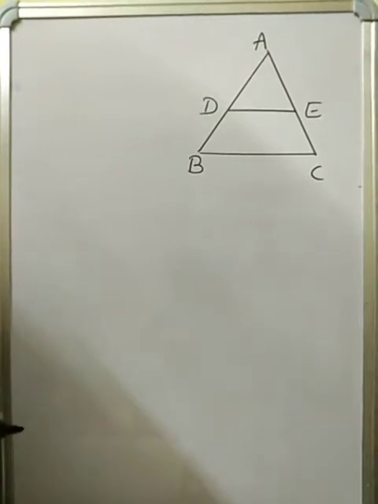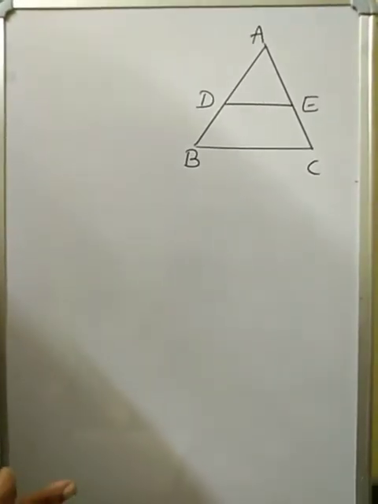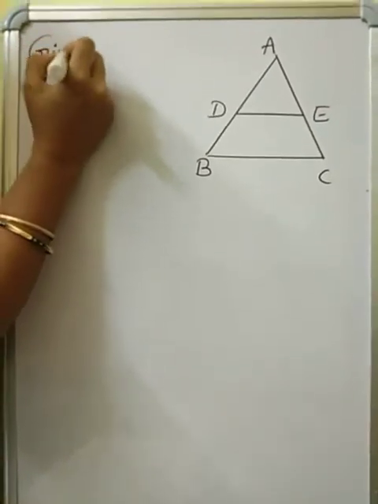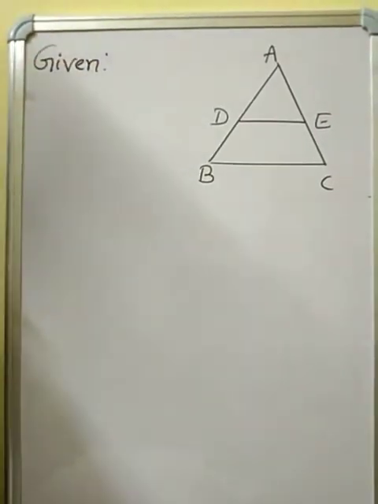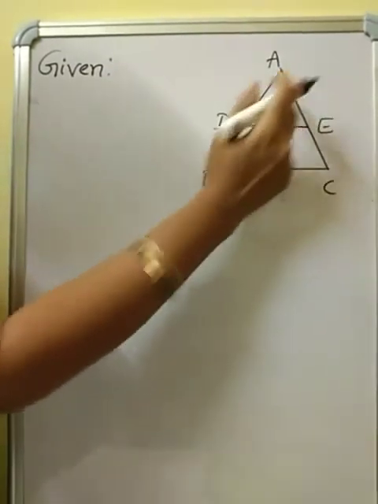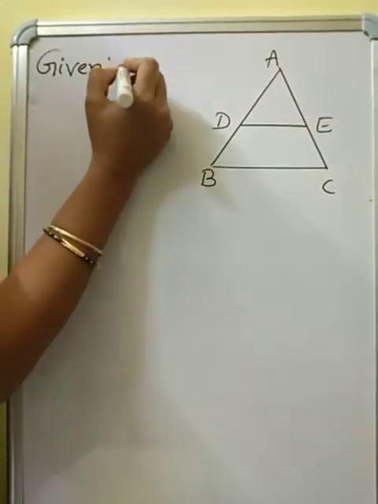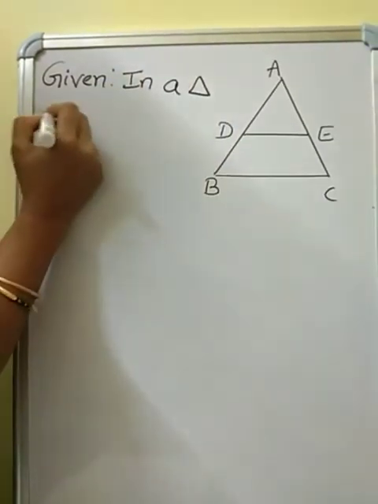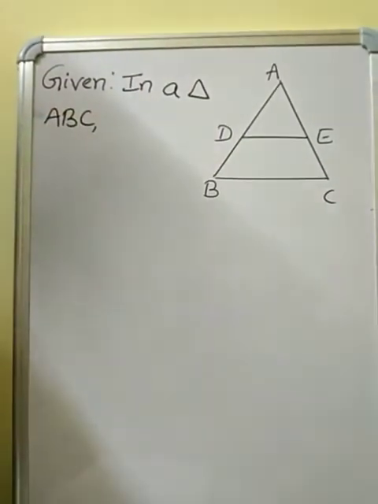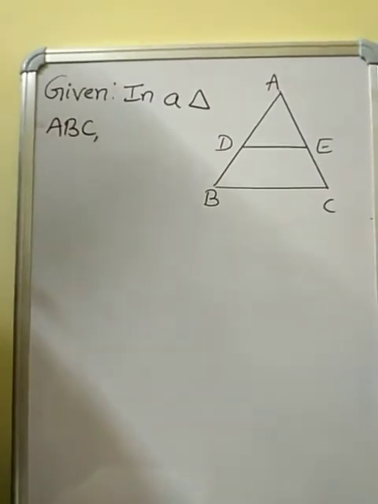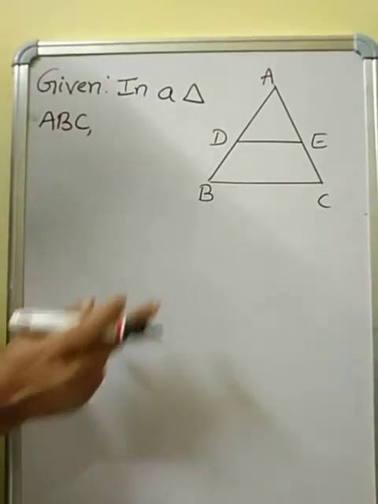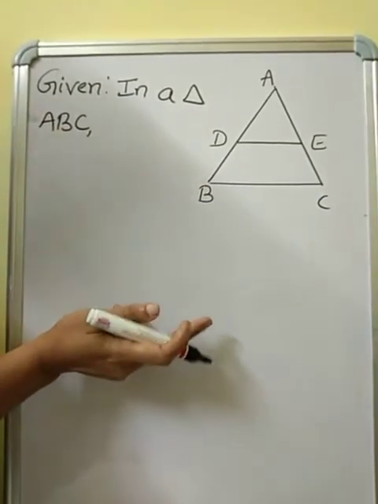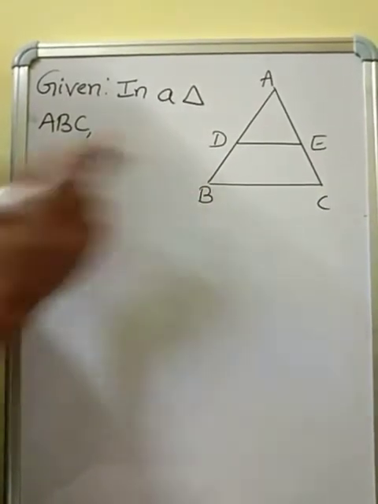So let us write now what is given. Given: in a triangle ABC, a line parallel to BC intersects the other two sides AB and AC at D and E respectively.